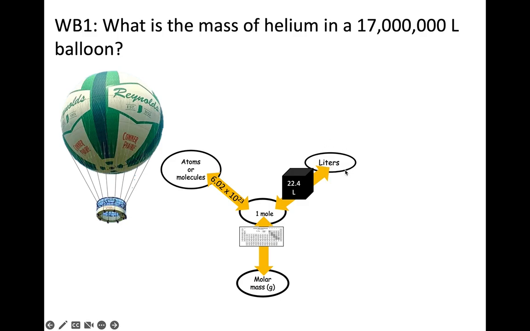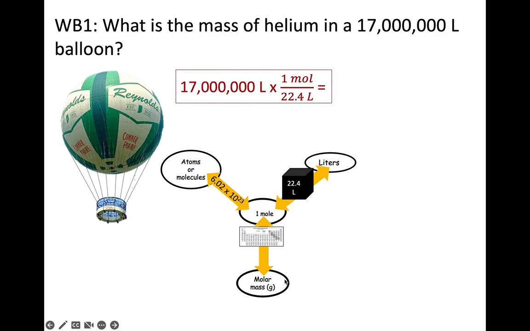We can't do one conversion to get there, but we can convert that 17 million liters into moles, and then use the molar mass of helium from the periodic table and convert that to grams.